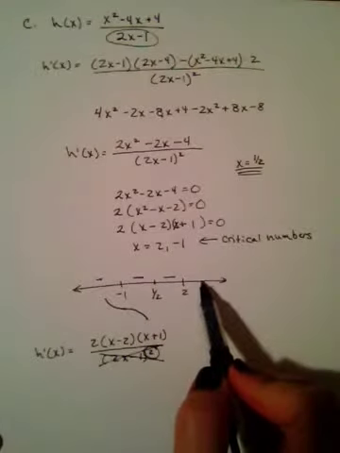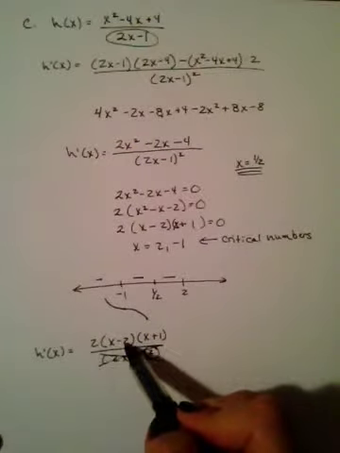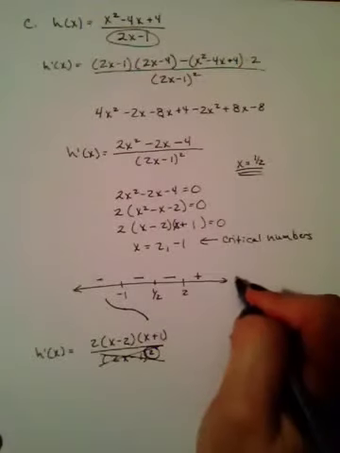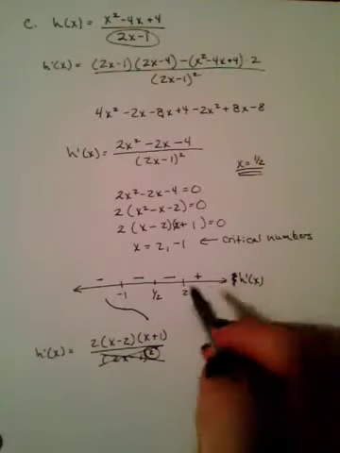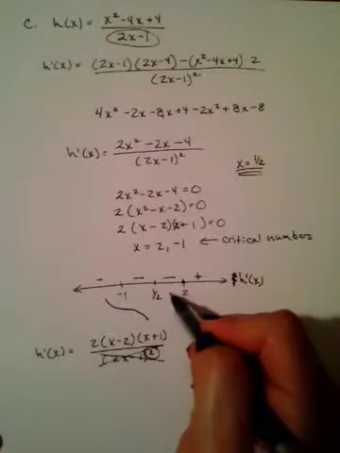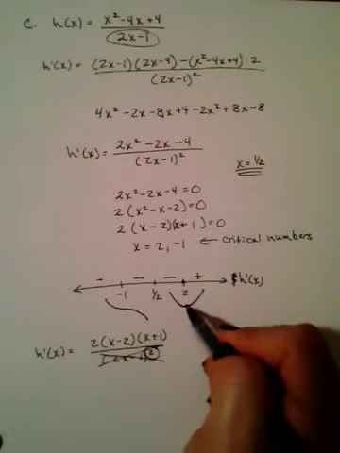I pick a number out here, let's say 5. 2 times 5 minus 2 is 3, a positive, and 5 plus 1 is a positive. My derivative is positive there, and these are signs of not f, but h prime of x. So 2 is a critical point, and you can see before 2 my graph was decreasing, after 2 it was increasing, so I have a min.